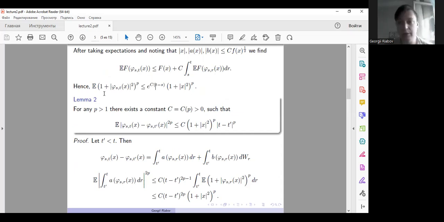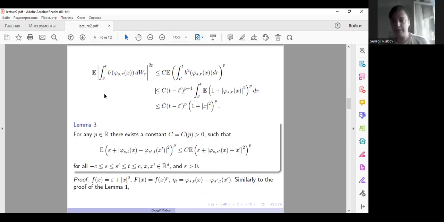Okay, so this was an estimate of the increment in t. Now let's look at the increment in s, in x. Lemma 3 is a sigma 1, but here we have the expectation of the increment of the process phi in s and x, squared. We add epsilon, which is an arbitrary positive number, and look at this expectation to the power p.